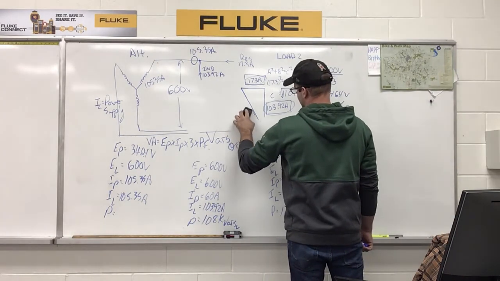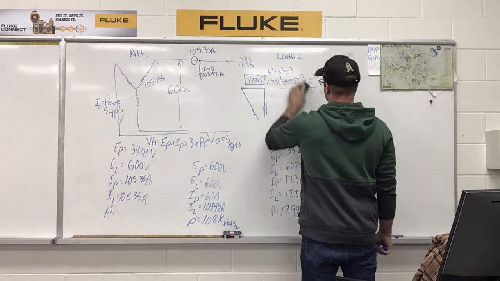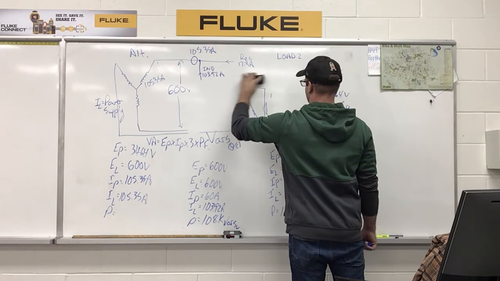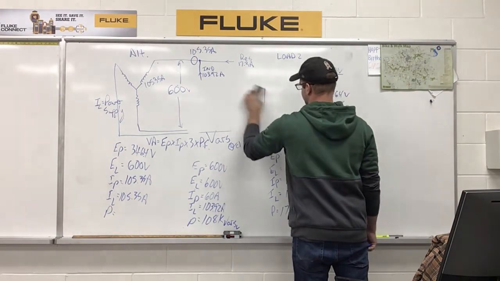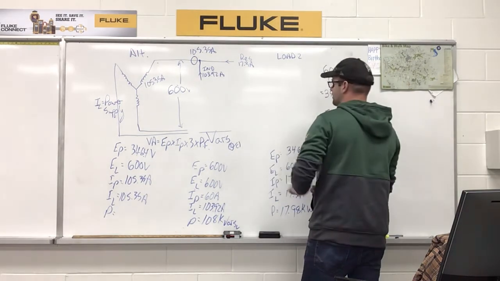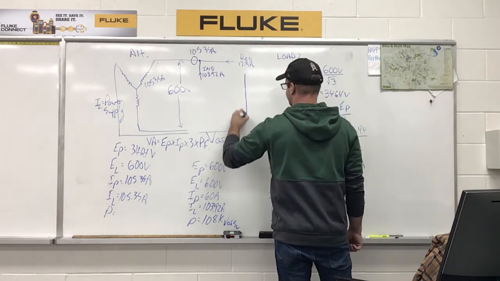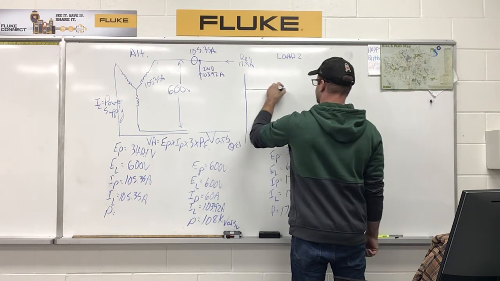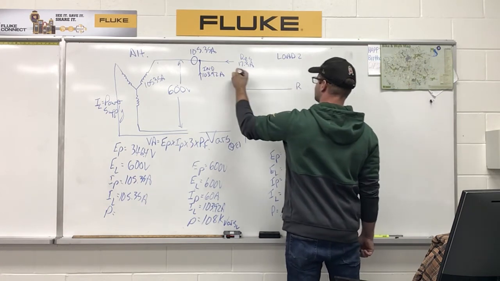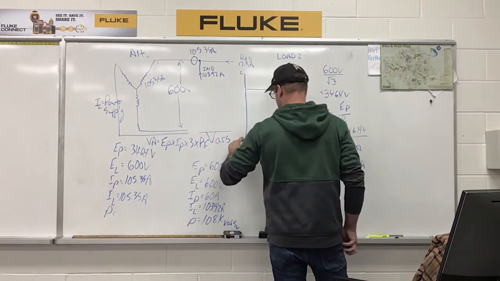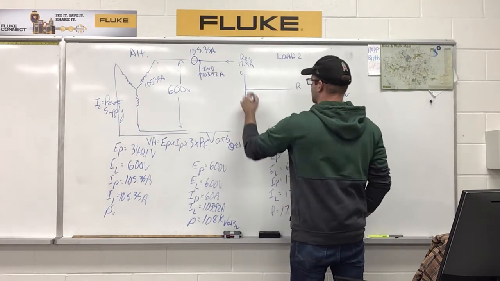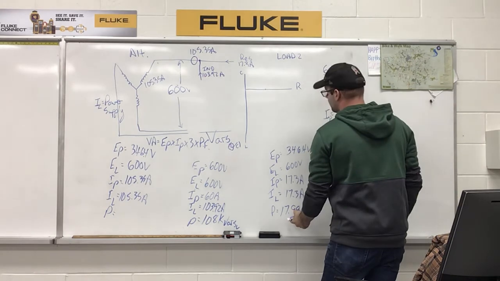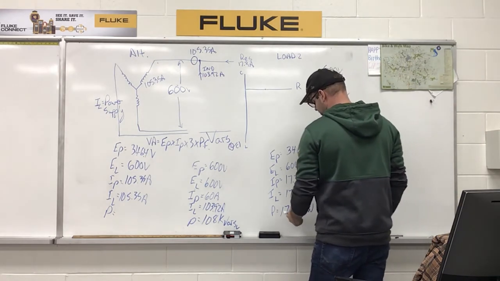So our triangle, obviously the shape of the triangle is going to look the same. Right, a little skewed. I'll just draw this out again. Draw the line up here higher. So this is resistive, capacitive, inductive, and we know that our true power is 17.98 kilowatts.